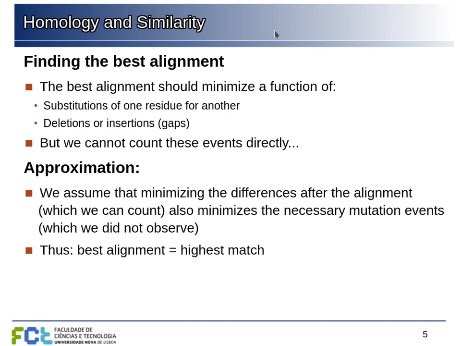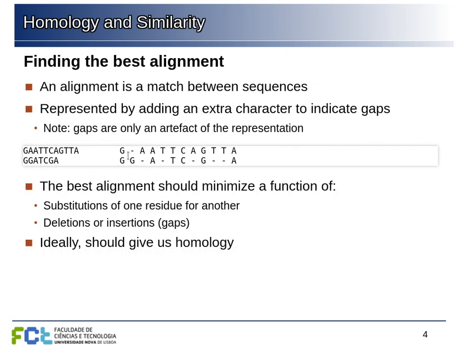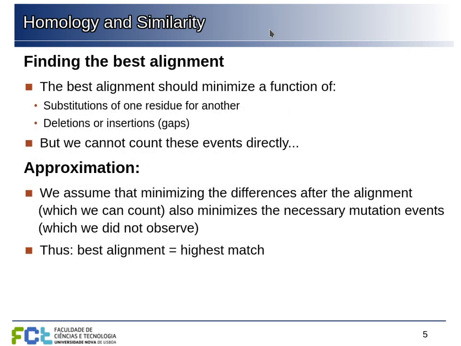So we cannot tell where deletions occurred, where substitutions occurred, and so on, because we cannot observe this history of evolution of the sequences. So the best thing we can do is to look at the sequences as they are now and try to find some approximation that we can observe that would be close to, or as close as we can, to what we would really like, which would be to find the homology between the sequences.